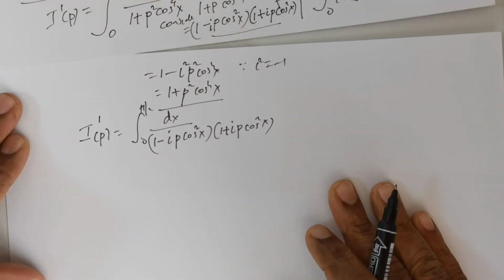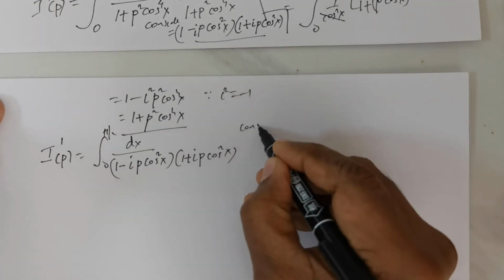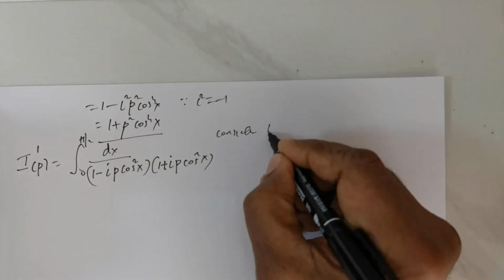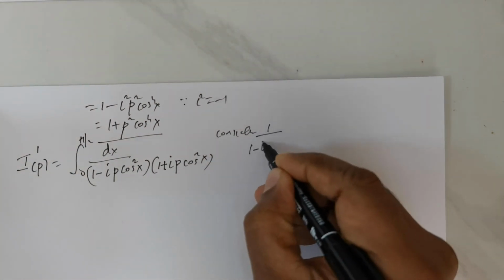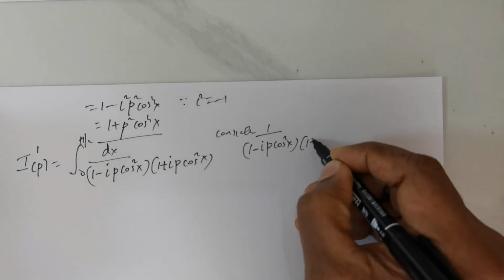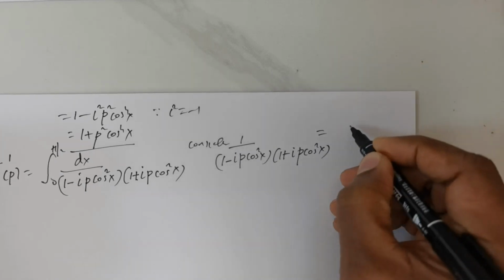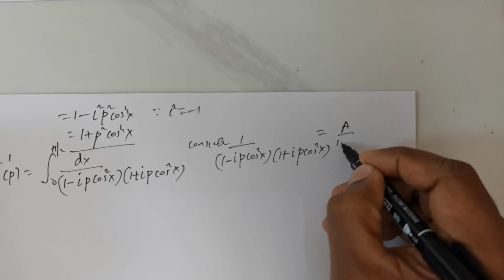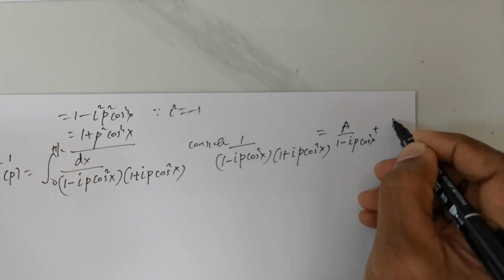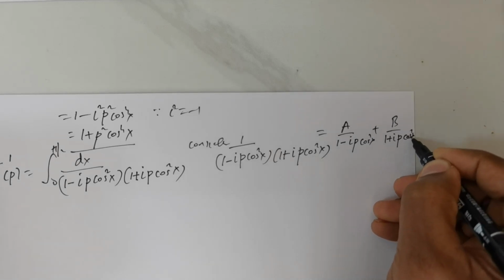So utilizing partial fractions, I'm going to consider 1 over 1 negative I times p times cos squared x multiplied with 1 positive I times p times cos squared x. Now I can rewrite this as a over 1 negative I times p times cos squared x plus b over 1 positive I times p times cos squared x.